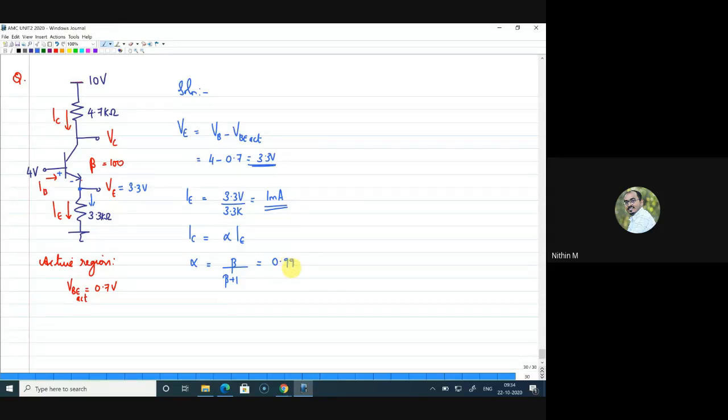So we can take that, and from that we can find IC. IC will be 0.99 milliamps, right? Once IC is obtained, we can directly find VC. VC will be 10 minus 0.99 milliamps times 4.7 K, which I think will be close to 5.3, right?